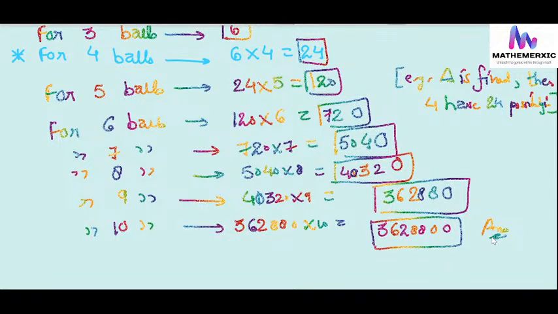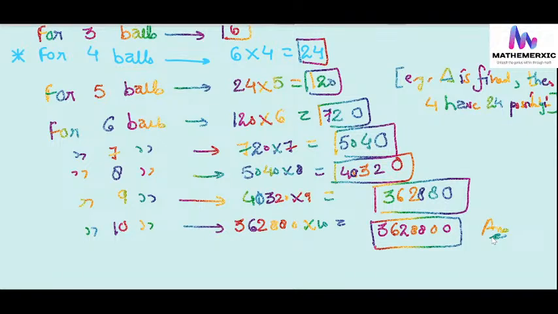Let me check it. Notice that instead of doing it that way we could have simply multiplied. Similarly, in the previous subpart, we could have done 25 into 5. The answer for 6 balls is this much. Okay, that's correct.